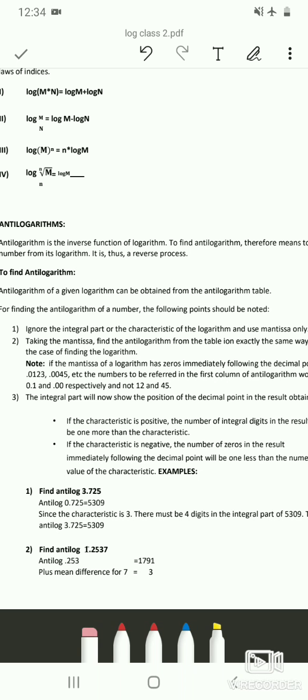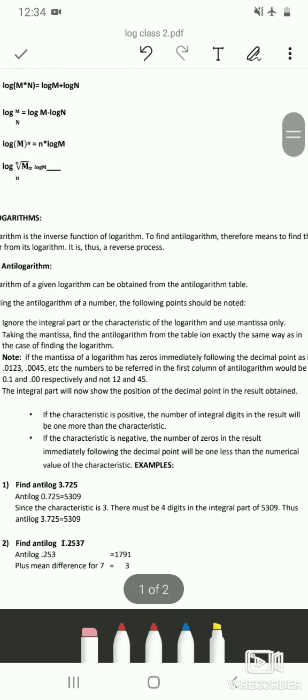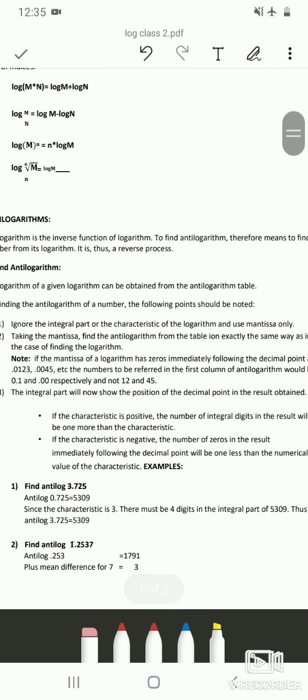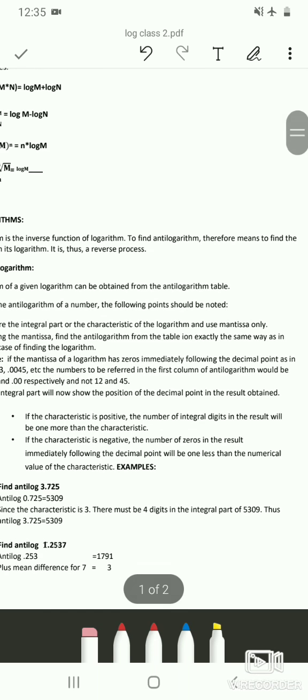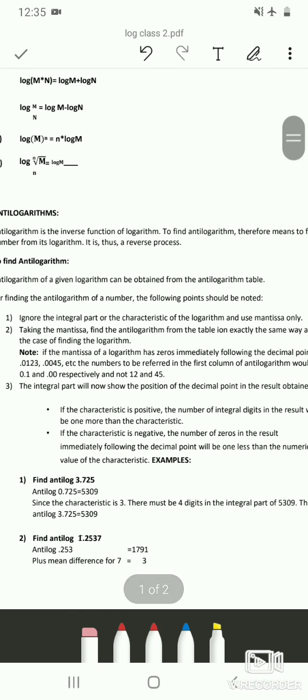But here there is an important note: if the mantissa of a logarithm has zeros immediately following the decimal point, as in 0.0123 and the next example 0.0045, then the numbers to be referred in the first column of anti-logarithm would be 0.01 and 0.00.